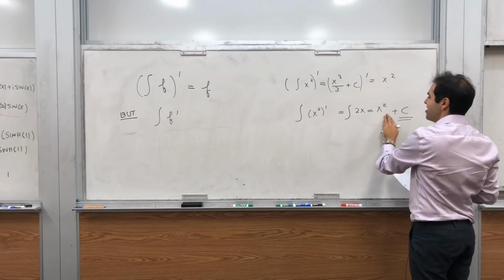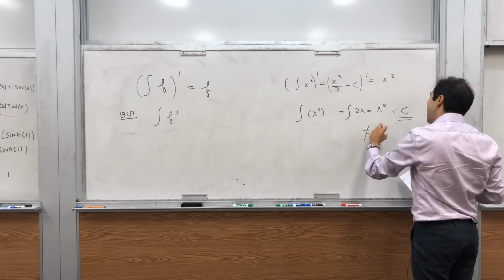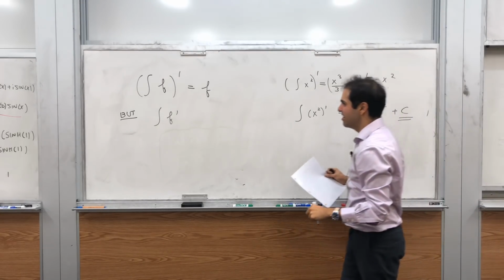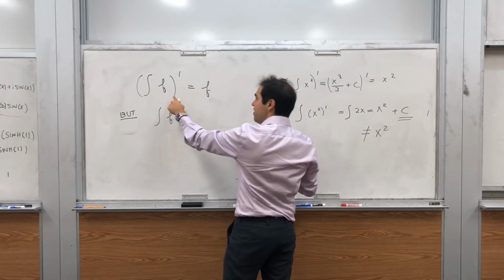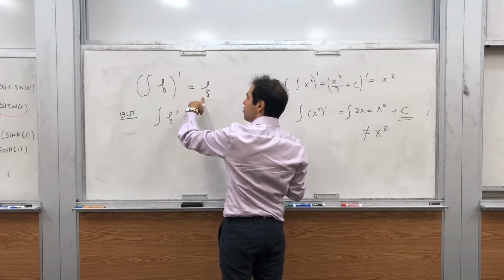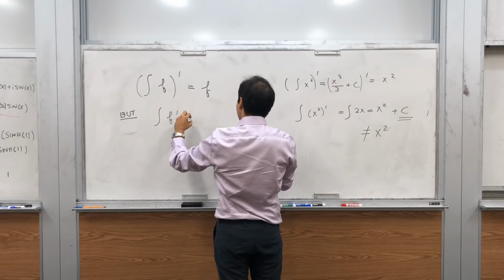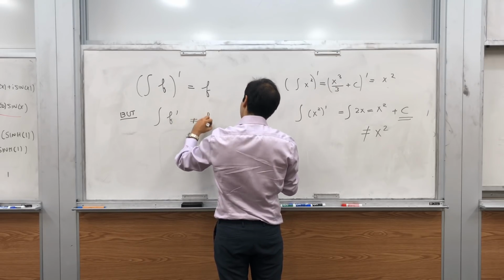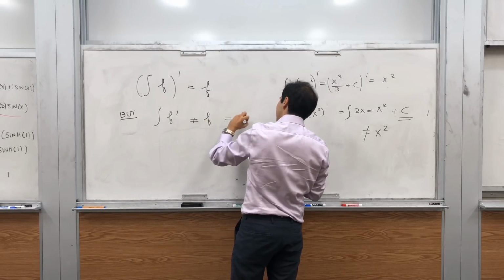Sorry, you get x squared plus a constant, which is not the same as x squared. So, even though the derivative of the integral is the function, the integral of the derivative is not the function. It's really the function plus a constant.